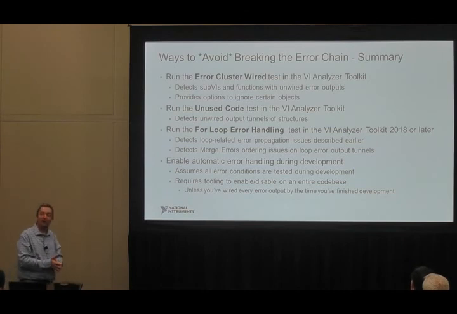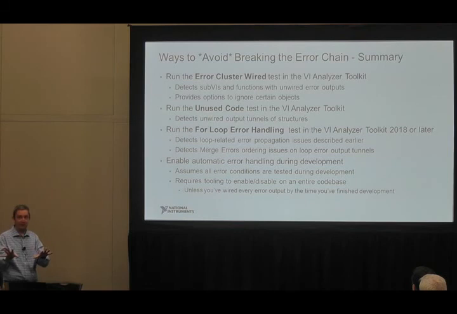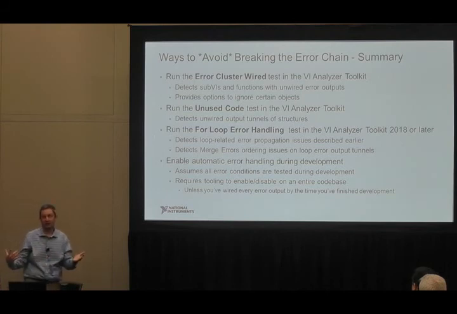So one possible way that you, if you are not me, could try to find ways that the error chain is broken is by turning on automatic error handling. But there's a few assumptions with that. First of all, one assumption is the error condition that it would detect actually ends up happening when you're testing, which isn't always the case. Your code may run without errors when you're trying to figure it out, and may run with errors later on once it's out there in the world.